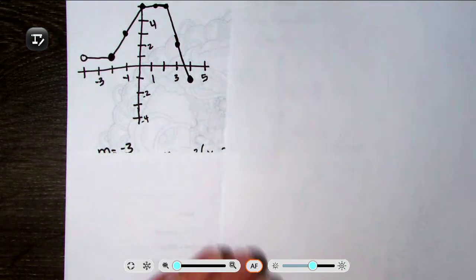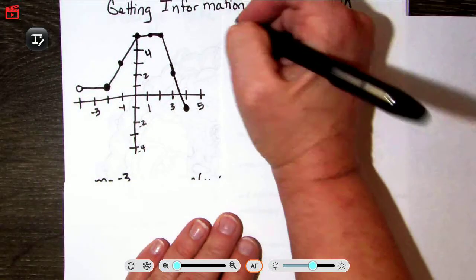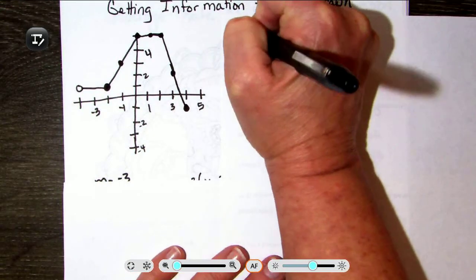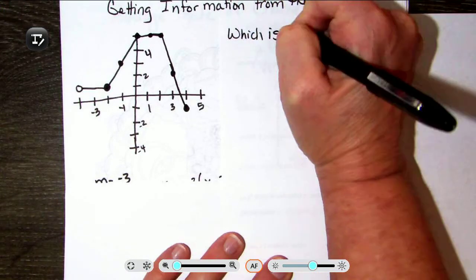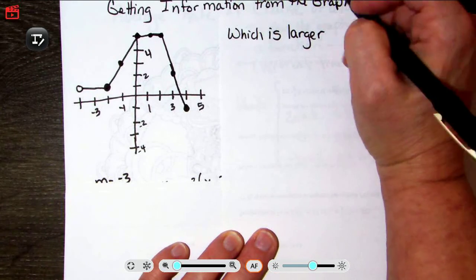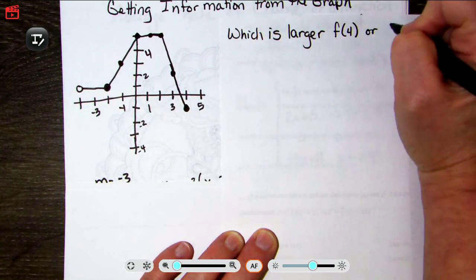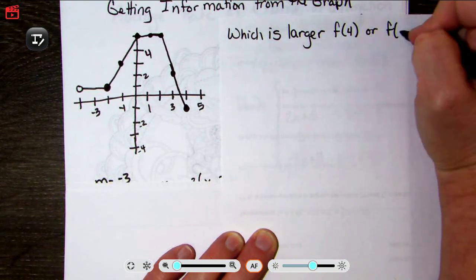All right, other questions? And again, I'm just going to use the graph. Which is larger, f of 4 or f of -3?